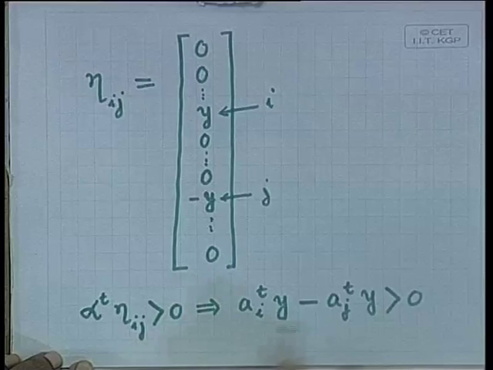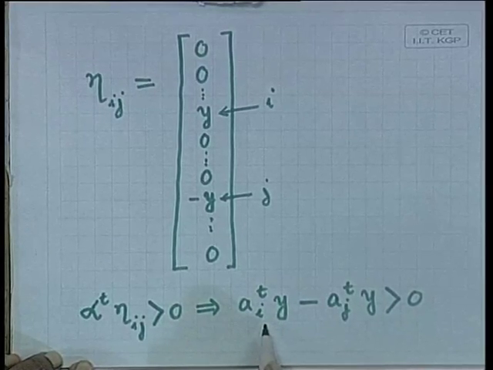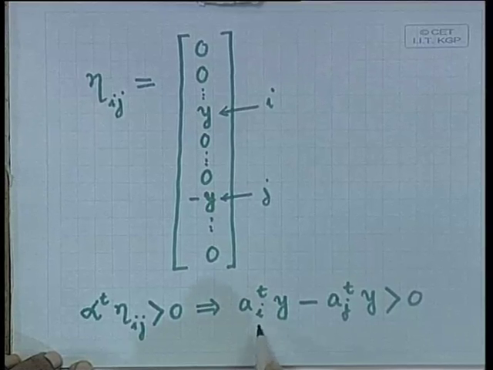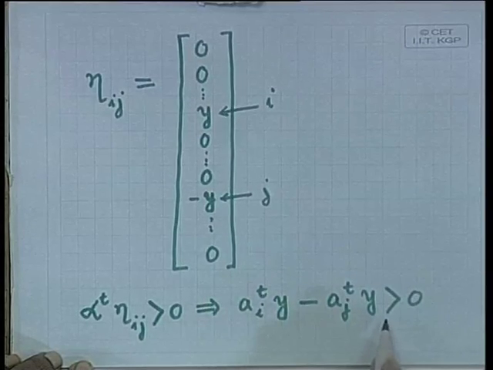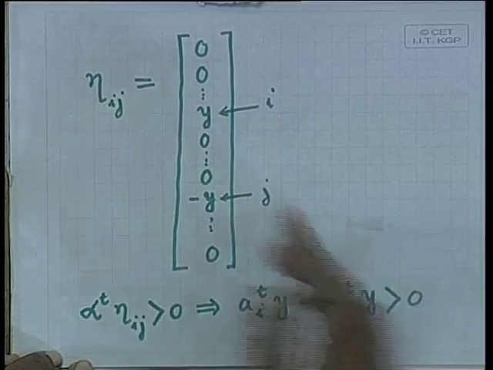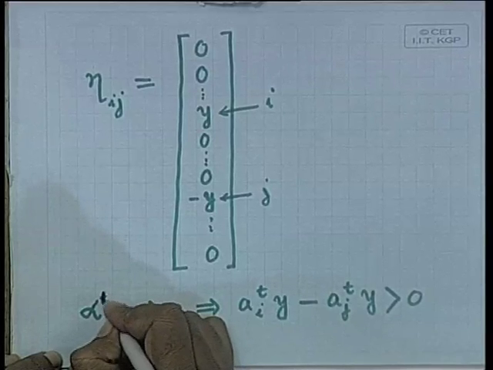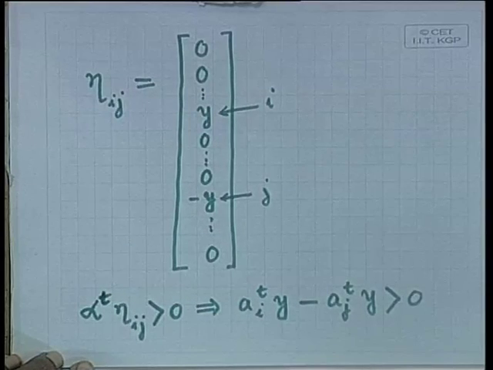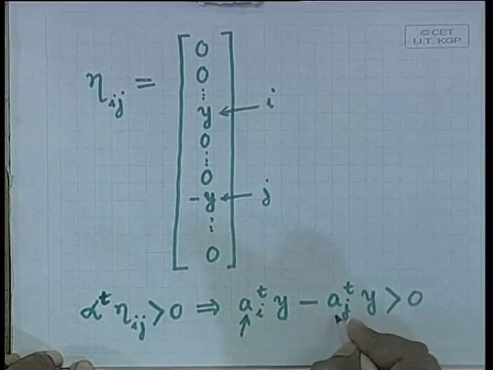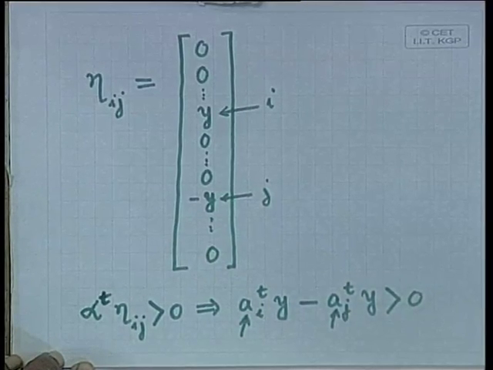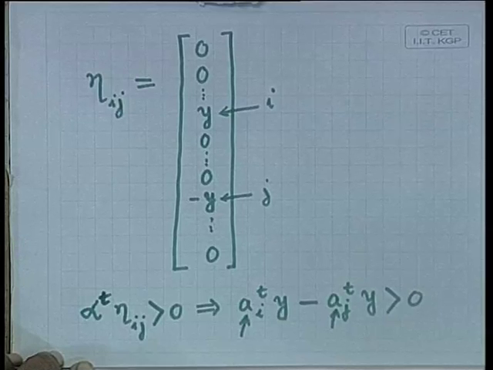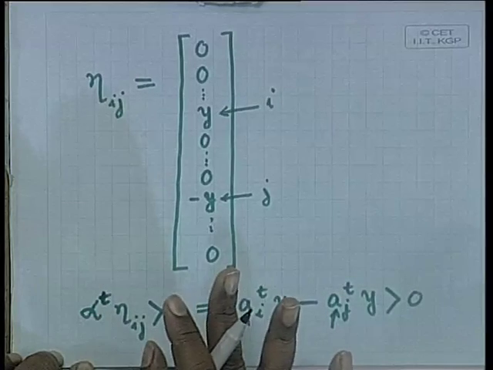Okay. So, if this condition is satisfied for all values of j not equal to i, then we say that the sample y actually belongs to class omega i, it does not belong to class omega j. So, when I have this sort of formulation, for every such inequality, I actually have the weight vectors corresponding to discriminant functions of two different classes omega i and omega j involved in it.